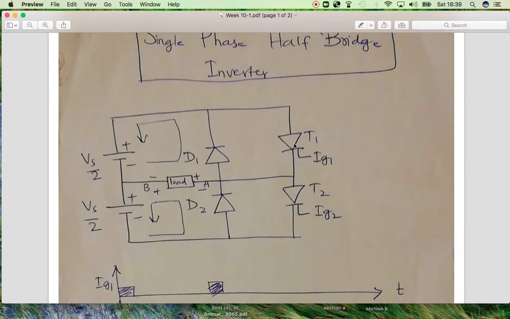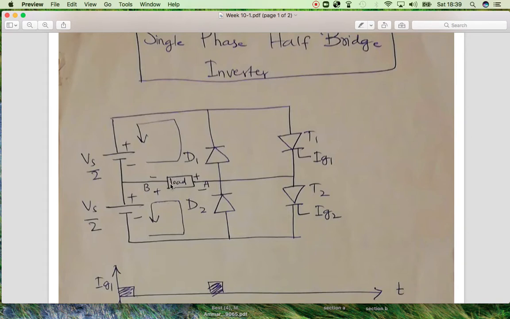One is for when this thyristor is on, the current flows from here to here, and then when this thyristor is off and this is on, the current flows from here towards here, and we have positive potential and negative potential on the load side. So these two diodes are connected only to provide a flow of damping current.